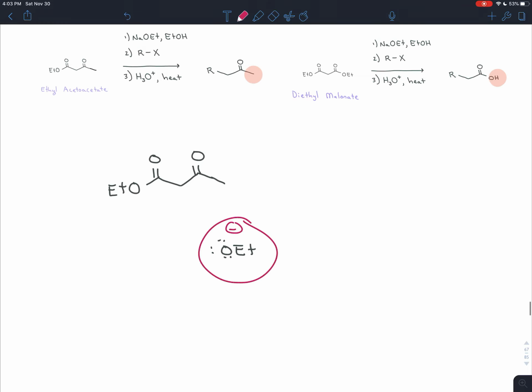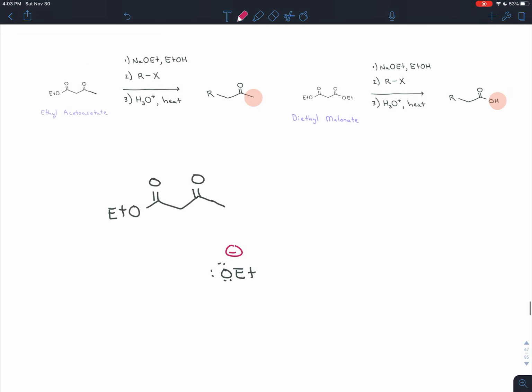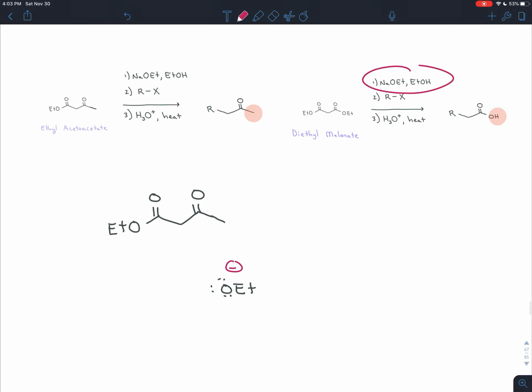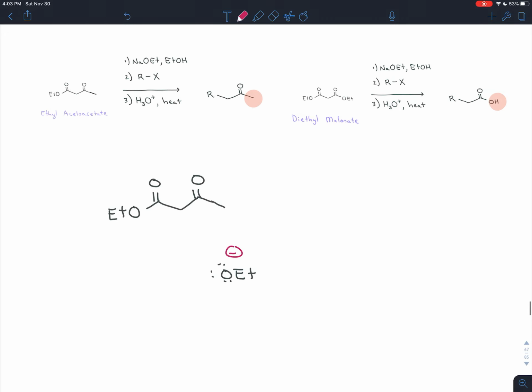Now, if this is the same, then the molecule won't change overall. But if you used a different base, then it could change what this group is, which we don't want to do. So we used sodium methoxide and ethanol for the same reason we did in the malonic ester synthesis, so that if it does function as a nucleophile here, it won't change the molecule.